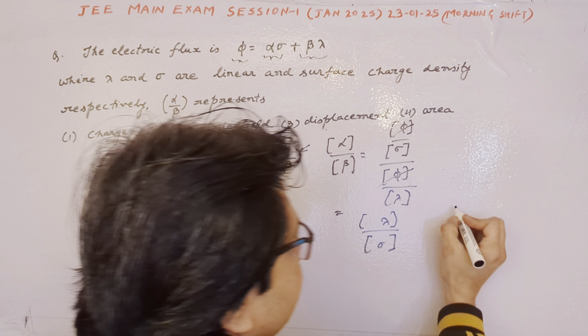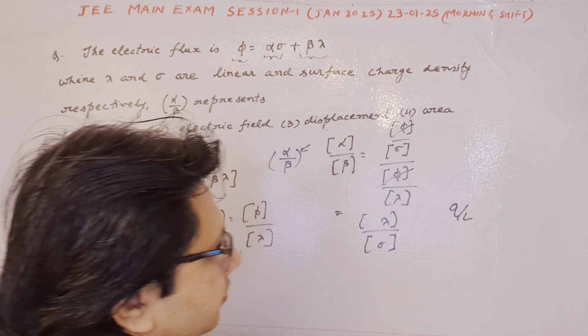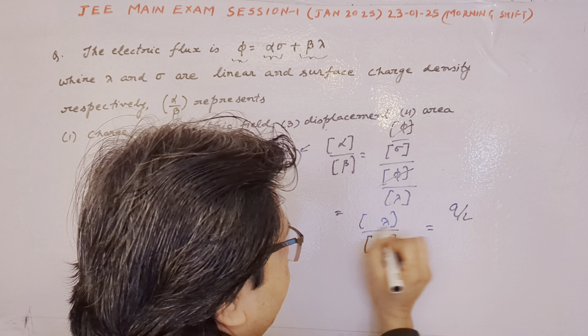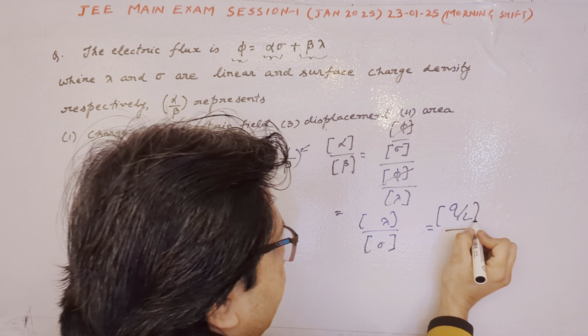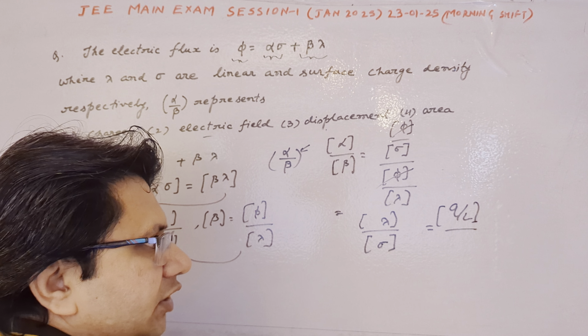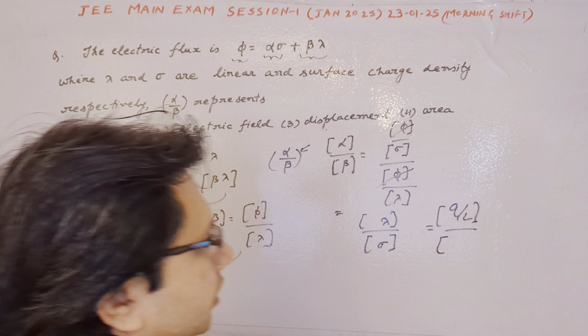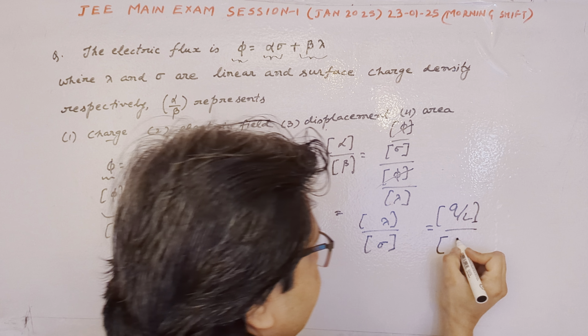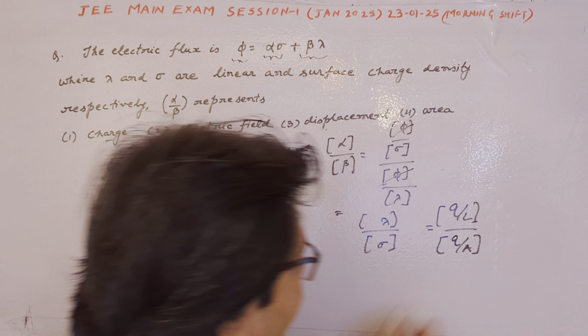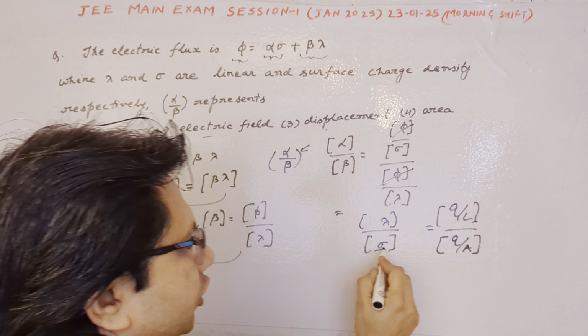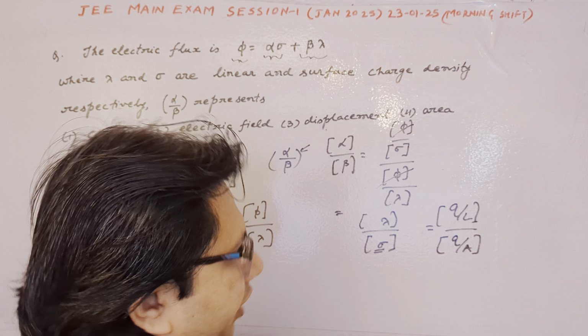Now lambda is the linear charge density, which means charge per unit length. Similarly, the surface charge density has the formula charge per unit area, so the dimension of sigma is the dimension of q upon a.